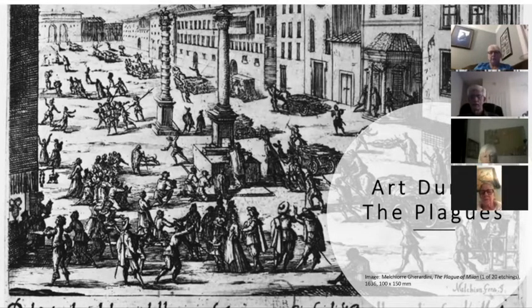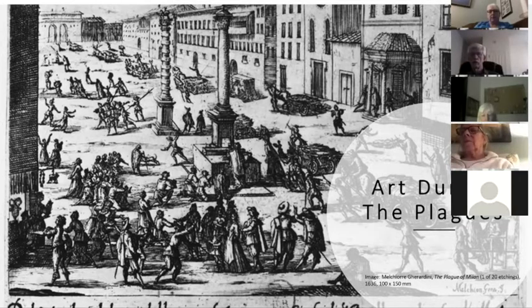A lot of the images where you see people covered in tumors, those are typically leprosy, but we're going to focus on bubonic images. The image before us is kind of typical of a plague image.